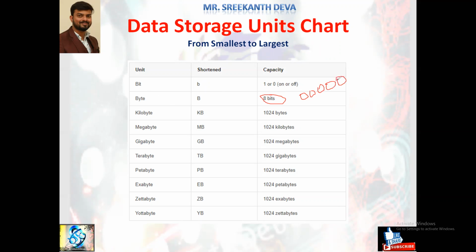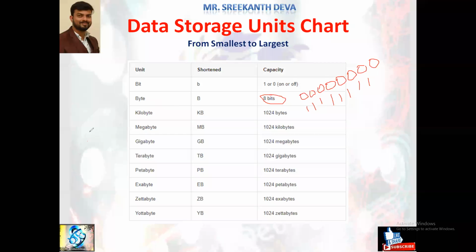See, this is a combination of 8 zeros to 8 ones. That combination represents 1 byte of memory. Through programming, if you want to store any one character into memory, it occupies a minimum of 1 byte of memory.